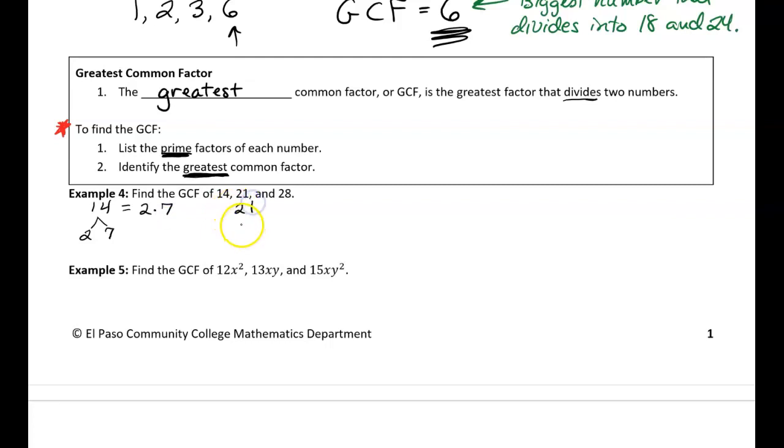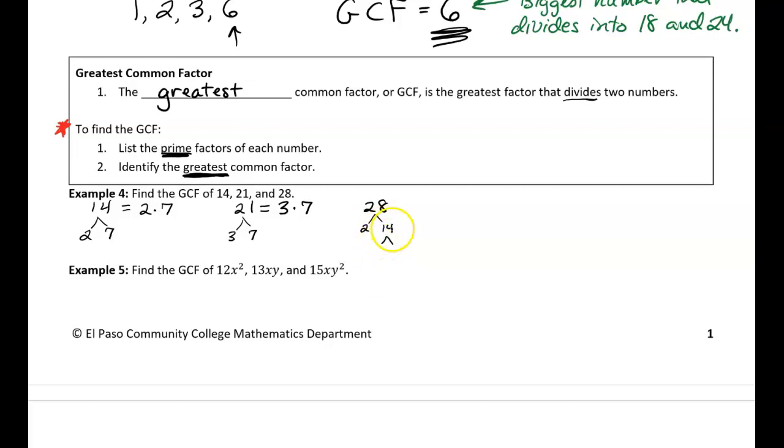We'll do the same thing for 21. Let's see, 21 is 3 times 7. Again, 3 is prime, can't go further there. 7 is prime. So my prime factorization in this case is 3 times 7. What about 28? I know that's even, so I'm going to do 2. 2 times 14 gives me 28.